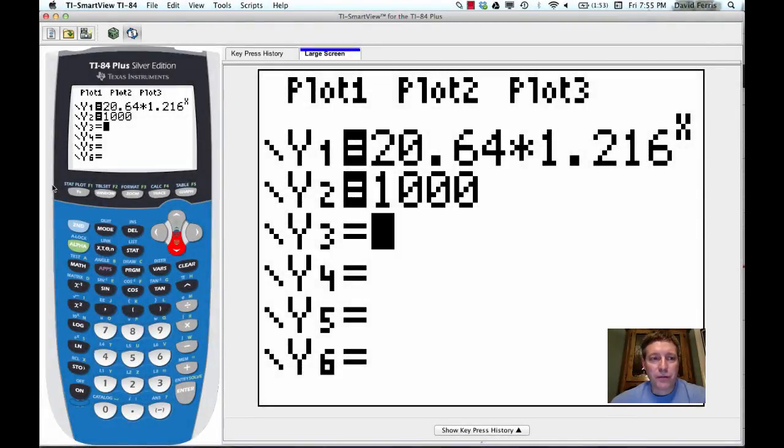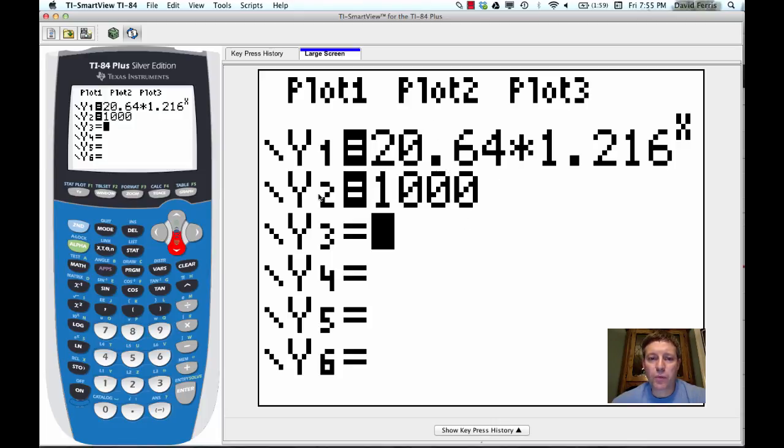So first of all, you need to go to y equals, top left corner, and type in the two functions that you just saw on the screen. One of them goes into y1, the other one goes into y2. Now, assuming you have that in there, of course, the next decision is how in the world do we get a window so we can see this?